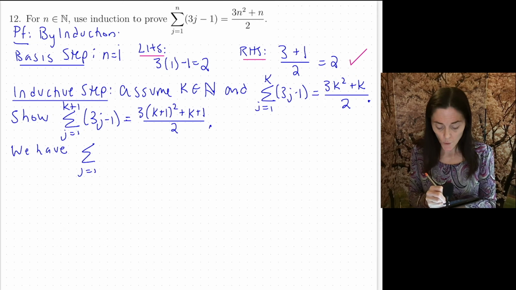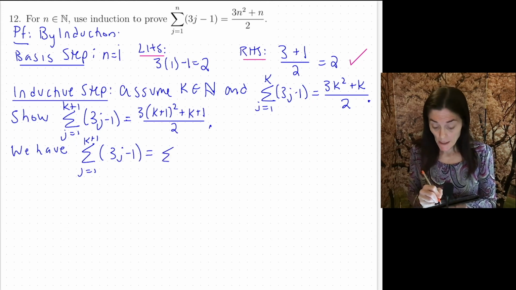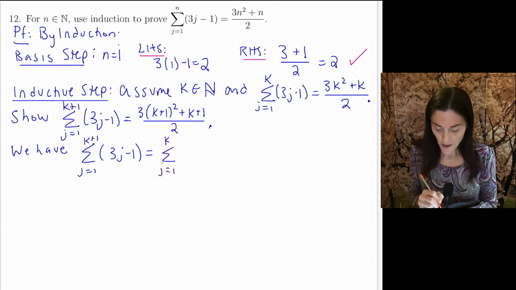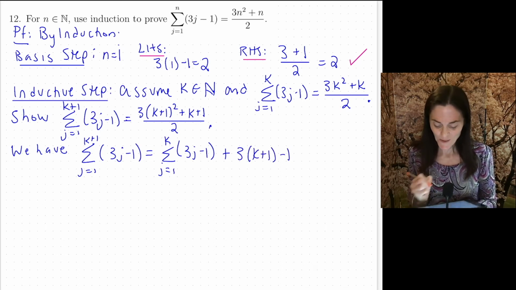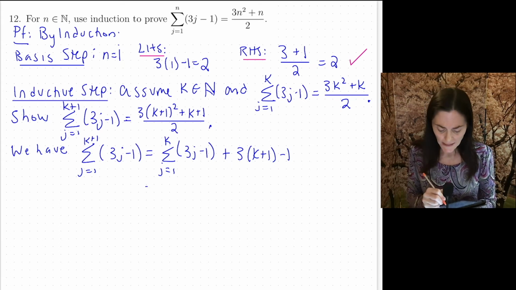Well, I want to work with the left-hand side until I get to the right-hand side. And I know that I want to use my inductive hypothesis. So let's write the sum of the first k, and then we will write the k plus first term here, which is 3 times k plus 1 minus 1. Okay, here's where I use my inductive hypothesis.